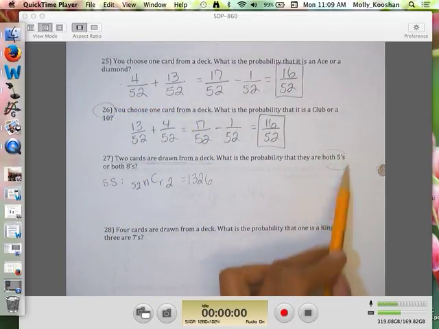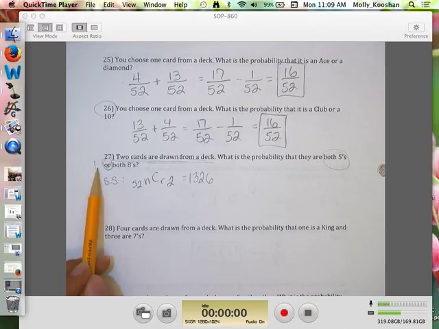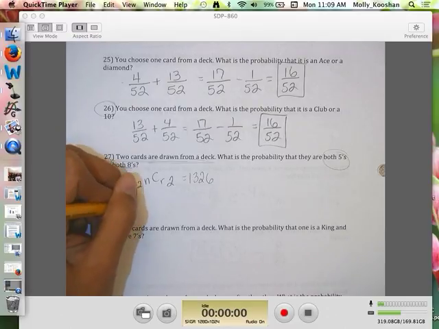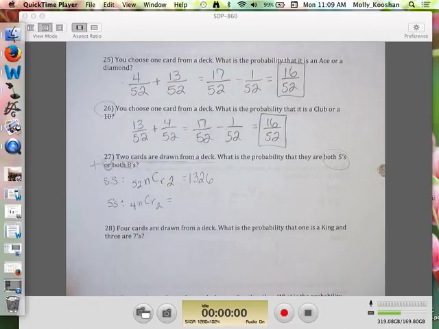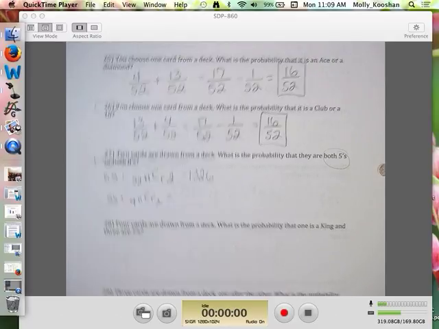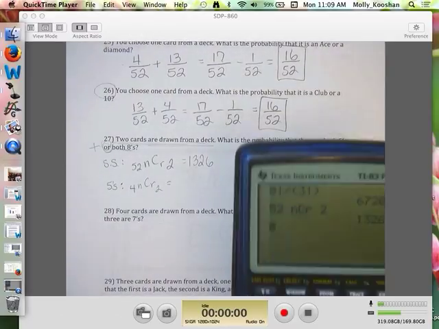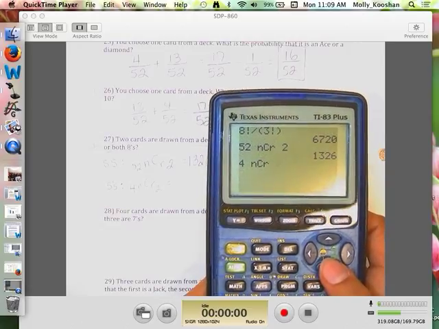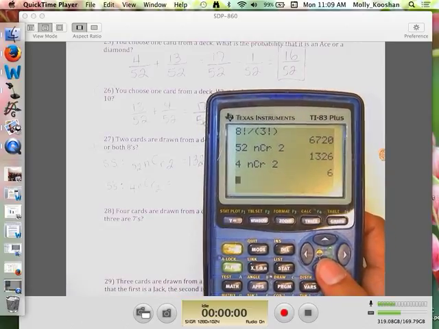Alright, so both 5s, or you think plus both 8s. So for 5s, there's 4 5s. And how many groups of 2 can we take from those 4? 4 nCr 2. You get 6.